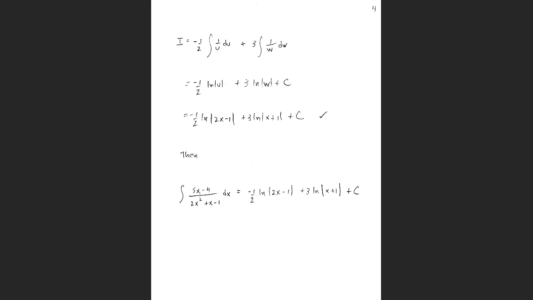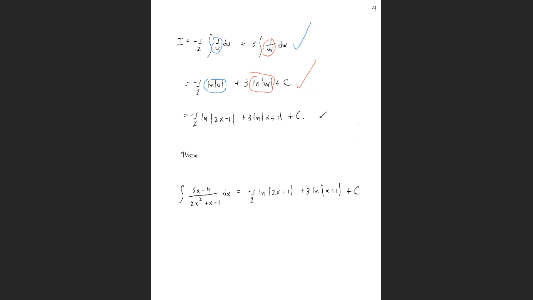So here is our integral, and I factor out the constants. The antiderivative of 1 over u is the log of the absolute value of u, and the antiderivative of 1 over w is the log of the absolute value of w. So we have our antiderivative, but we're not done yet, because remember, the original integral was in terms of the variable x.